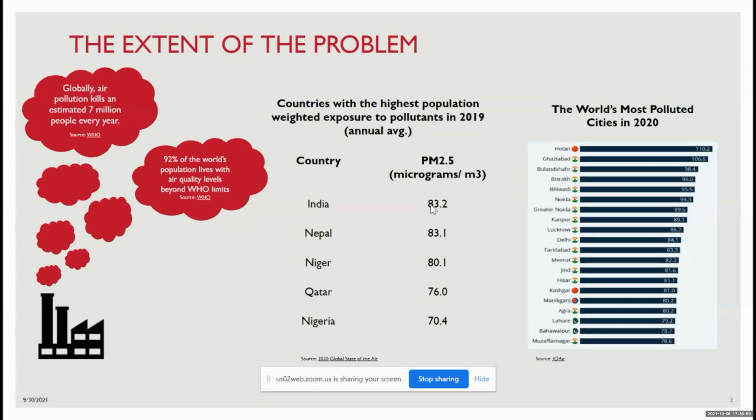We also know that lower and middle income countries are predominantly being affected by this, estimating about 91% of those 7 million people.